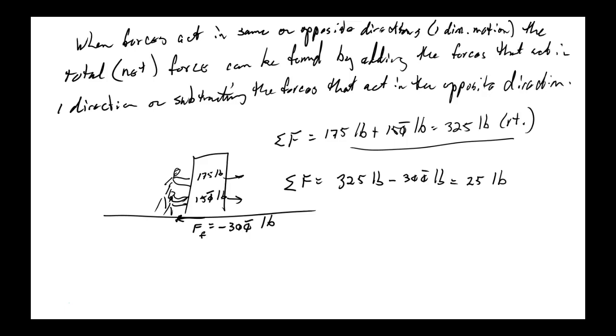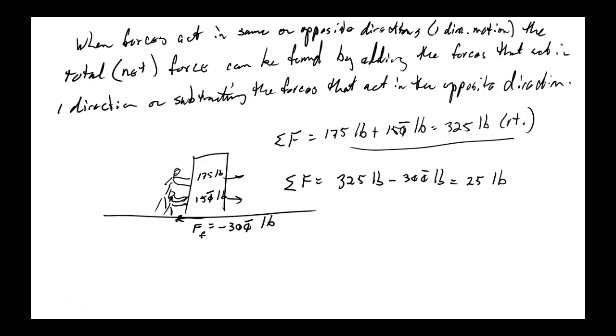No. You keep up with significant digits when you're multiplying or dividing. When you're adding and subtracting, you can't create a new digit like putting 25.0, because you didn't have any point zeros there. You have to keep it with the unit you're dealing with. If it's pounds, it's pounds.